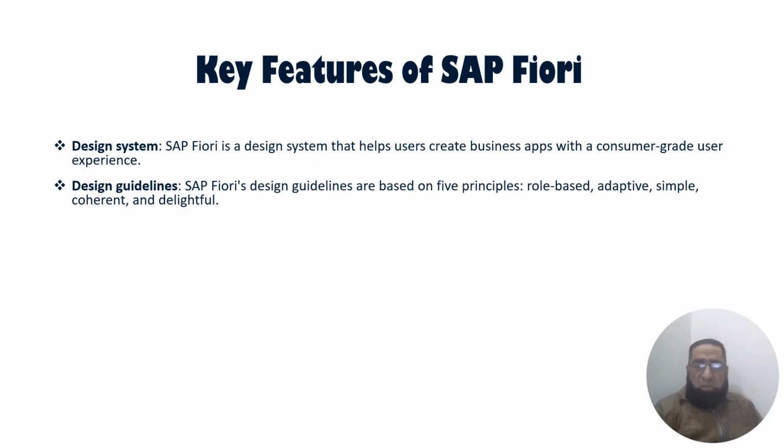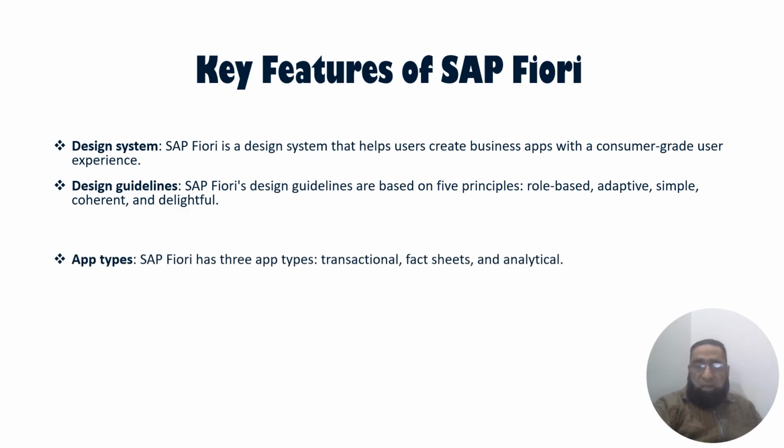All three will have different types of screens and different types of data available to them as per the role assigned to the gentleman or lady. Then adaptive, simple, coherent, and delightful. These are the design guidelines.